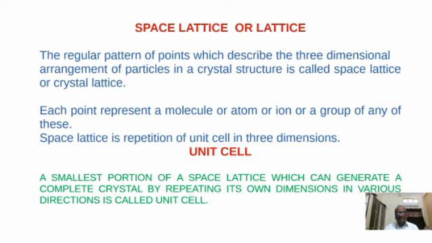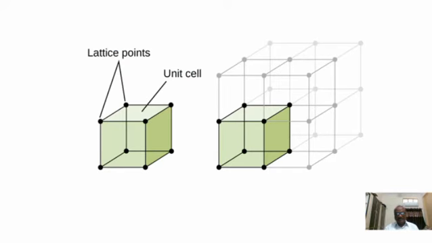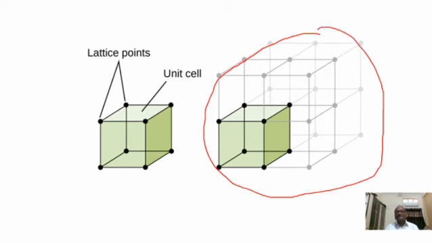There is a difference between the space lattice and unit cell. Let me show this diagram, which represents the crystal lattice. In this crystal lattice, you see this one part is representing the unit cell. For example, a wall is the crystal lattice.